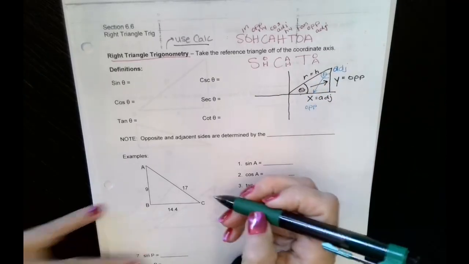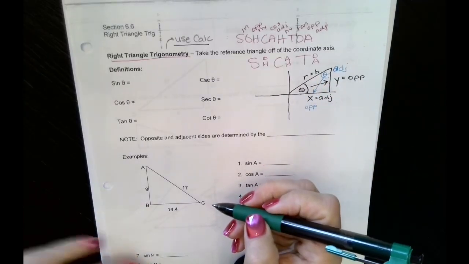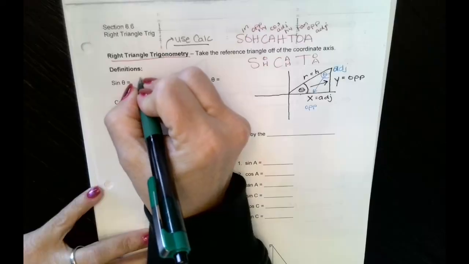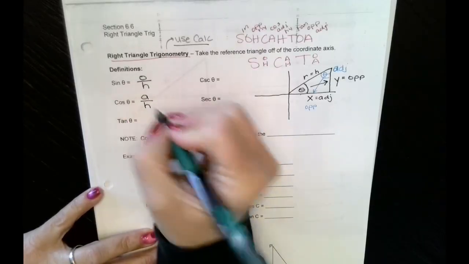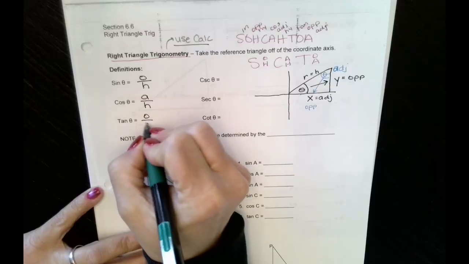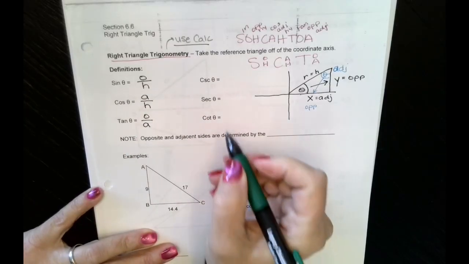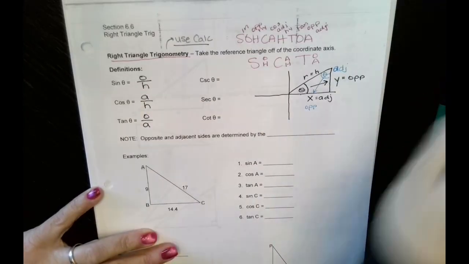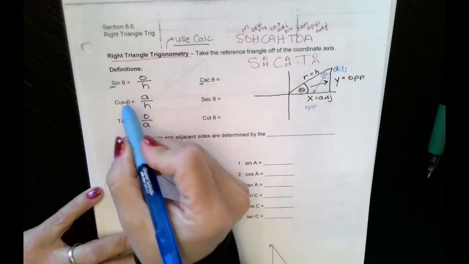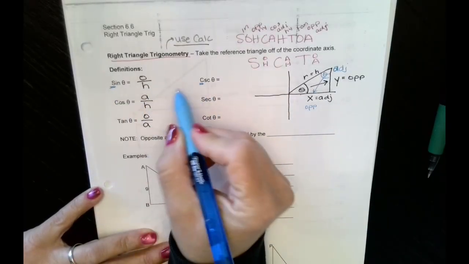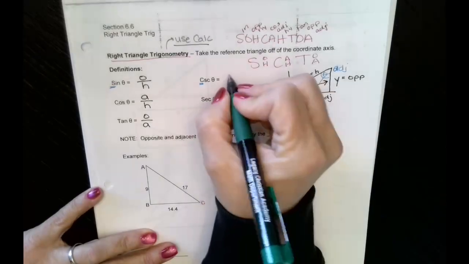So just kind of our ratios, just so that you've got these here, we know that this is opposite over hypotenuse, adjacent over hypotenuse, opposite over adjacent. And I know we've talked about this before, but if it's sine, the opposite of sine is cosecant. So remember, S and C, they're opposites. And all we're going to do is flip this ratio.